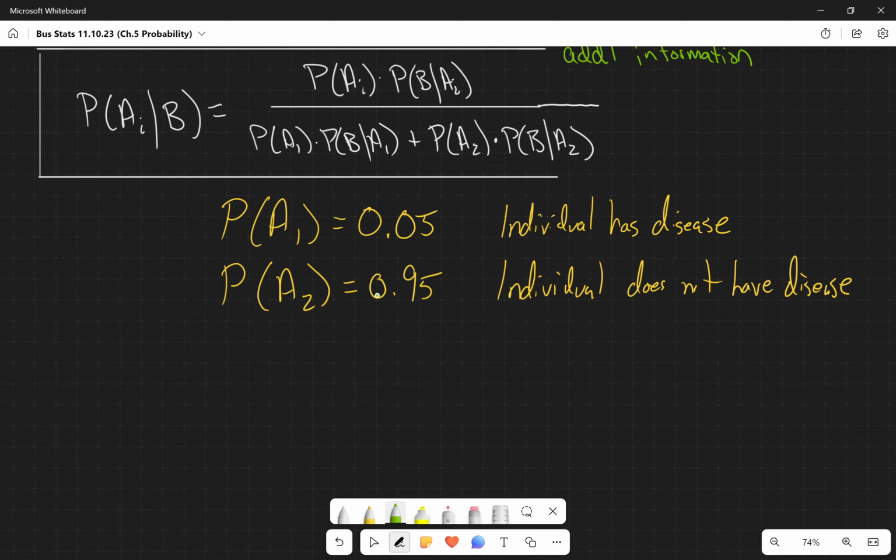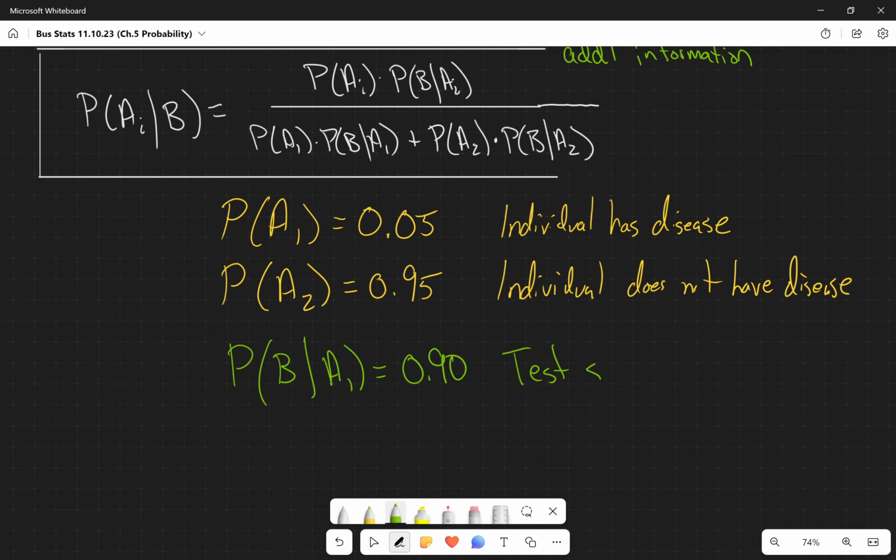We are given the following conditional probabilities. We're told that there is a test out there. So the probability of this test showing positive and you having the disease is going to be 90%.